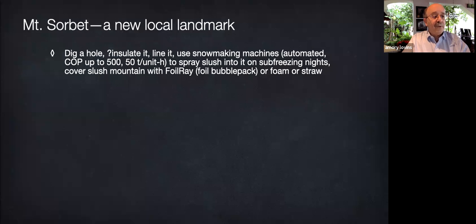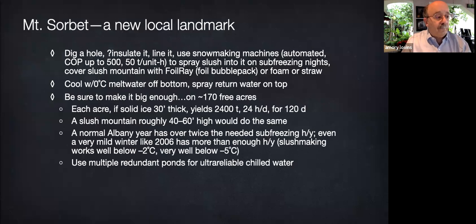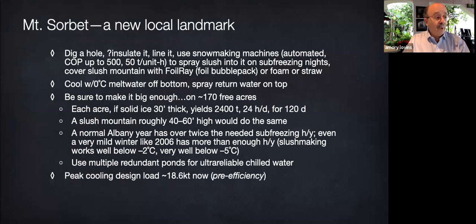You cover it with straw or foam or bubble pack, and then you take the 0 Celsius meltwater off the bottom, use it to do your process cooling, drizzle the return water back on top, and make it big enough on 170 acres of idle land in the backyard to last all summer using simple low-friction pipes and photovoltaic pumps.